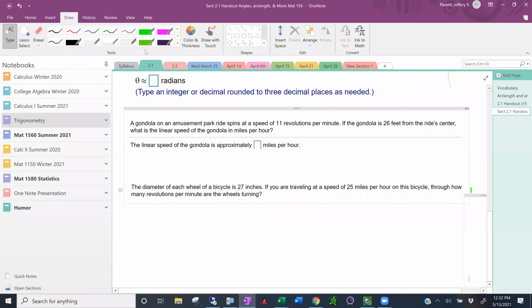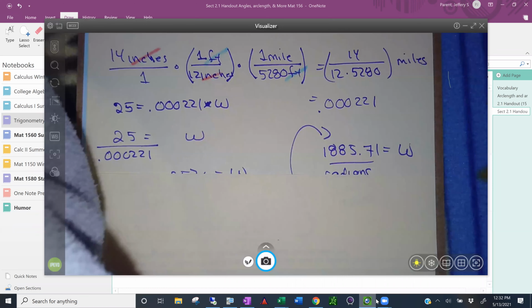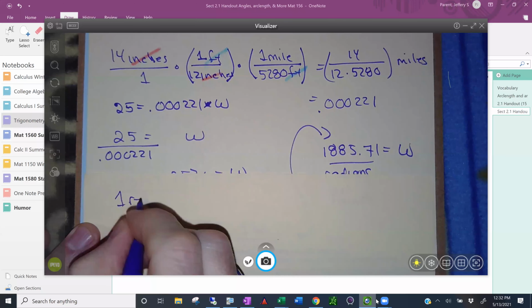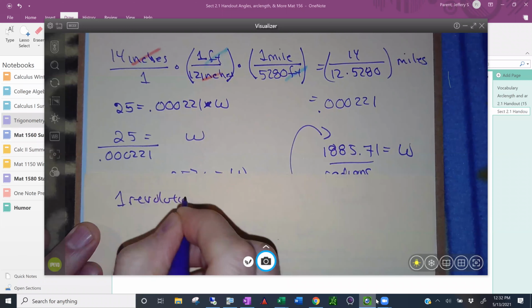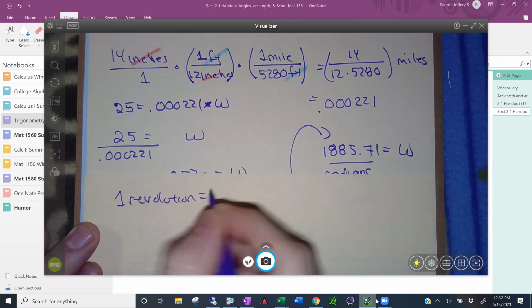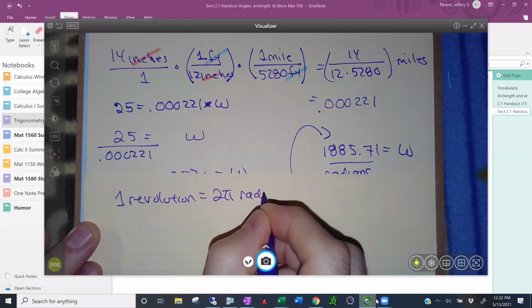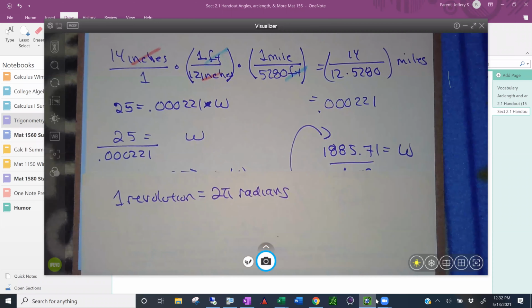So let me highlight that down here. Revolutions per minute. Not radians per minute, revolutions per minute. And here's the thing. 1 revolution is 2 pi radians. That's the thing to know to finish this one up.